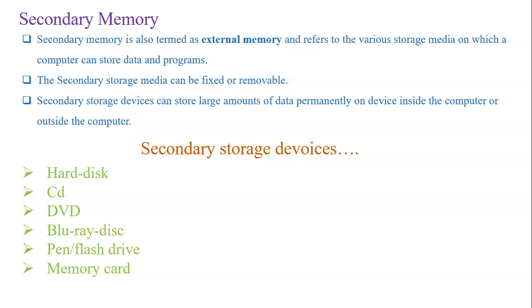So what is a secondary storage device? Can you just revise it, students? Pen drive, flash drive, memory card. Very good. So what does secondary memory do? It stores a large amount of data.